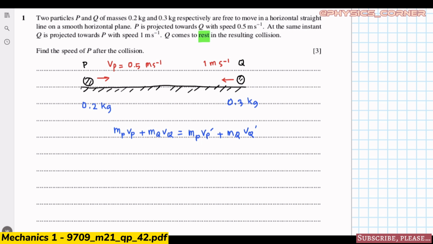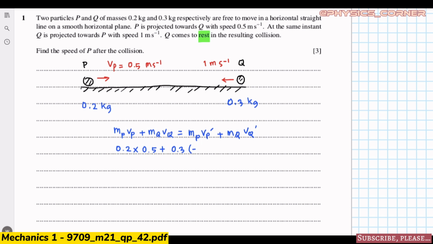Mass P is 0.2 and Vp is 0.5, plus mass Q is 0.3 times Vq.